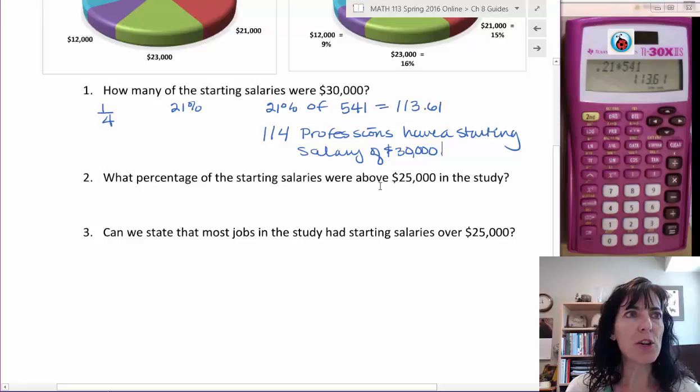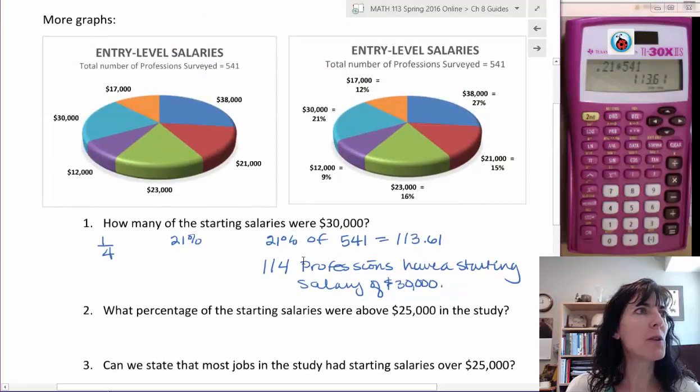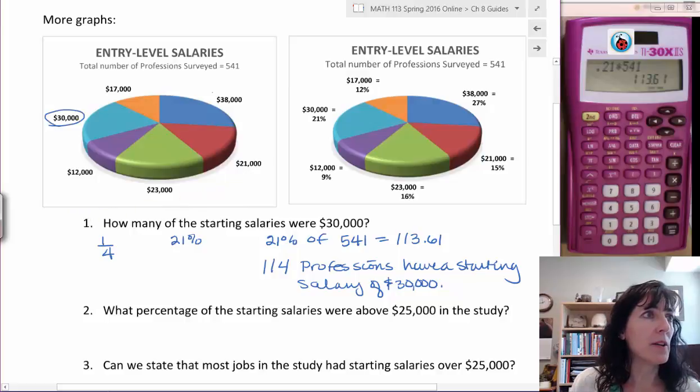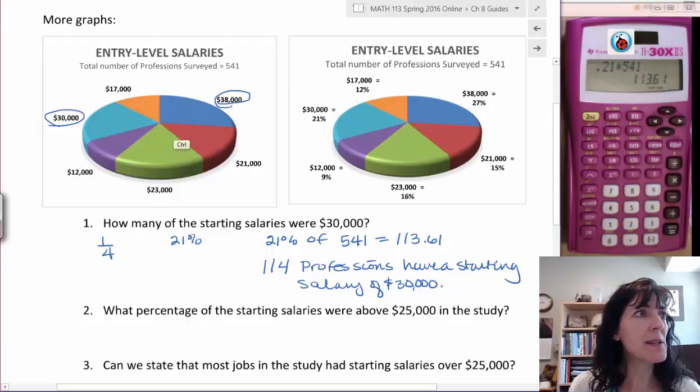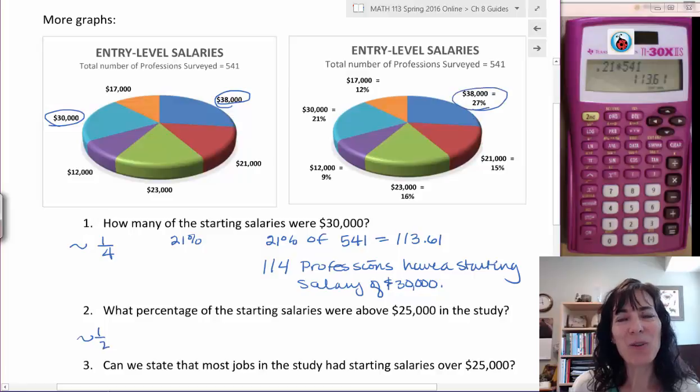What percentage of the starting salaries were above 25,000 in this study? If I'm using the pie chart on the left, above 25,000, there's this category and this category, and I can see it's maybe about half. If I use the pie chart at the right, I hope you're noticing that giving those percents makes our lives a lot easier.